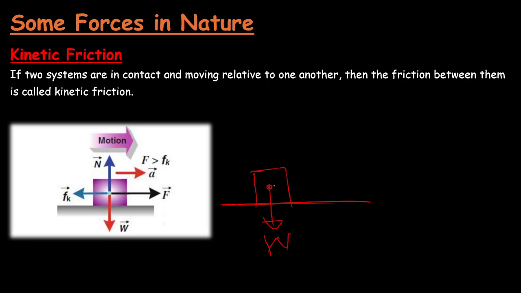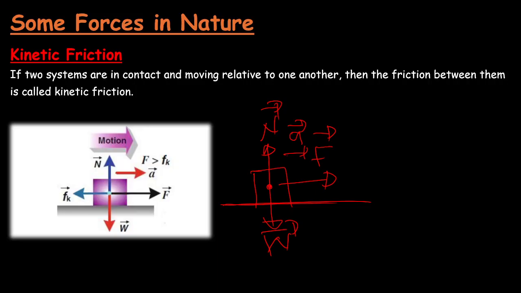Then the ground will produce an equal but opposite force that will be upward, which is a normal force. Okay, and then we are pulling this block by force F. Okay, but we have some motion. This object is not stationary, it is moving.